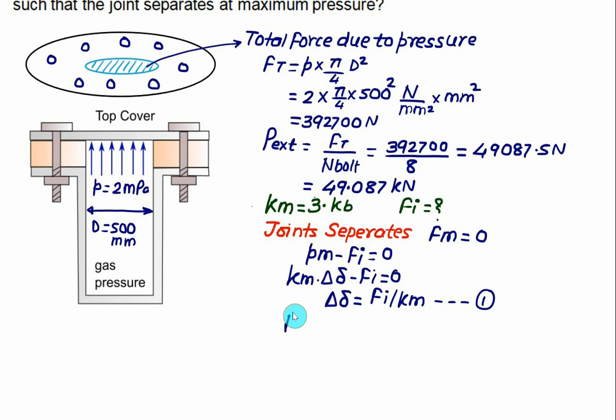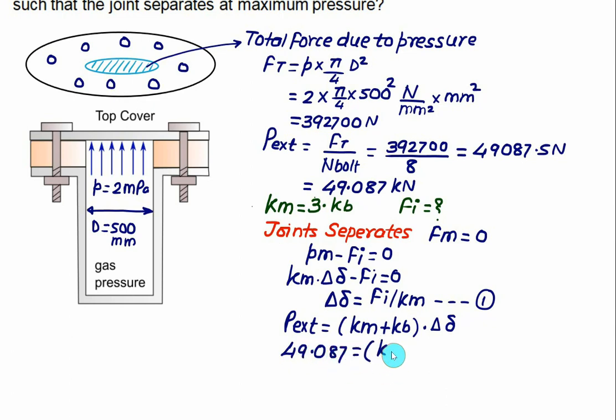Since we have been given the value of F external, F external is equal to Km plus Kb multiplied by delta. Here we'll substitute delta equal to Fi by Km, and the external force in each bolt is 49.087, and we have been given Km equal to 3 times Kb. But since it is divided by Km, it is better to replace Kb with Km by 3. So we have F external equal to 49.087.